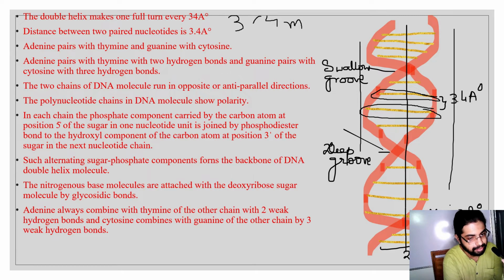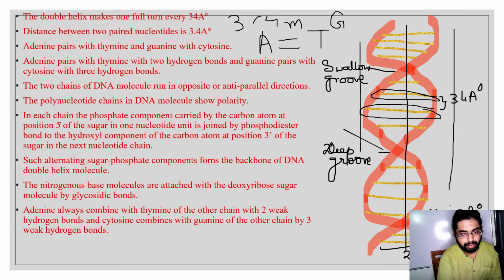And nitrogenous bases, as I mentioned in the general structure, are of two types, purines and pyrimidines. Purines are adenine and guanine, and pyrimidines are cytosine and thymine. Adenine always pairs with thymine by 2 weak hydrogen bonds, and guanine pairs with cytosine with 3 weak hydrogen bonds.